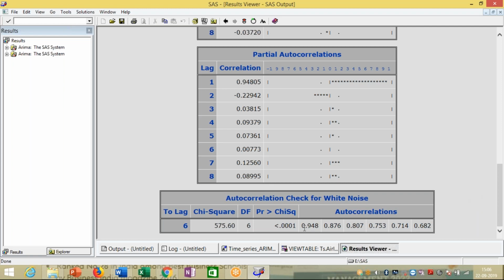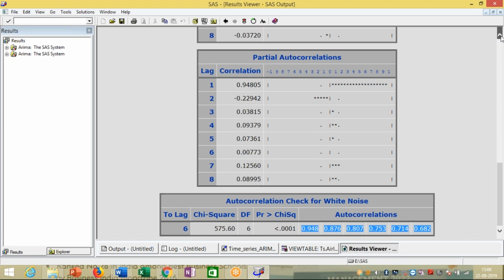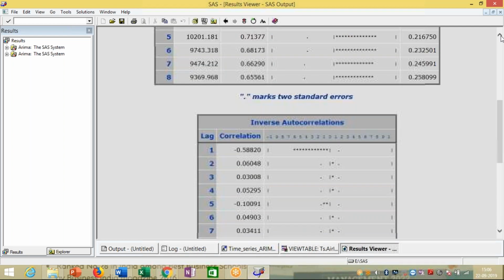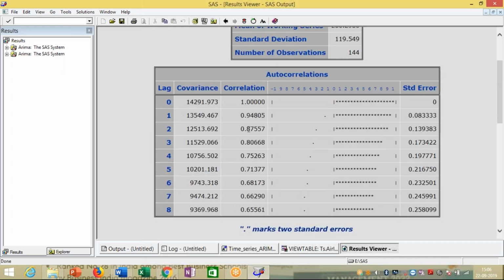Now, these are the respective autocorrelations for the first six lags, right? So over here you can see that these are the ones between the first six lags.